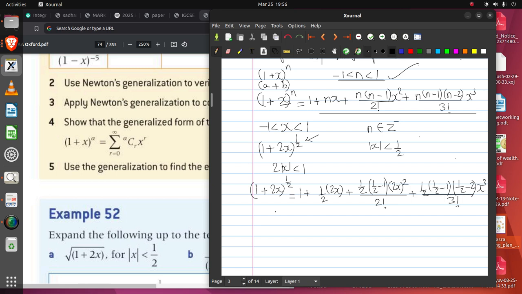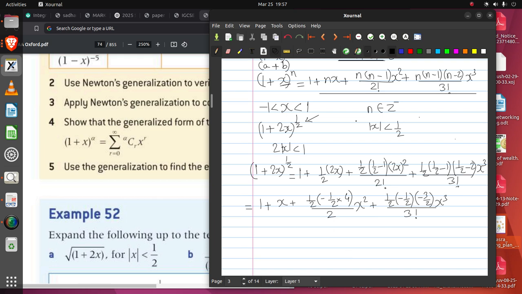upon 3 factorial. Now we simplify: 1 plus x plus, this is half into minus half into 4 upon 2 factorial, which is 2, so I'm going to write x square, plus half into minus 3 by 2, x cube upon 3 factorial, or it's better I write 6.